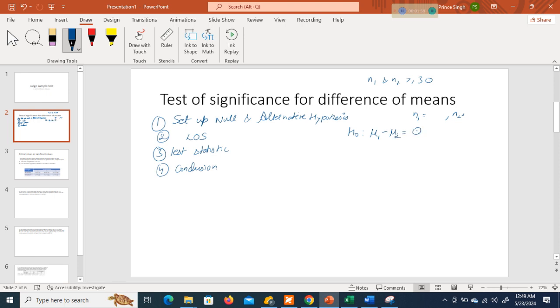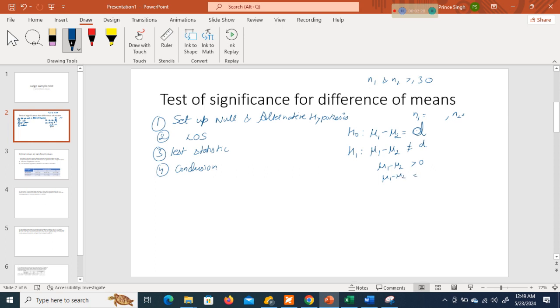So our null hypothesis would be mu1 minus mu2 is equal to 0, or if it is given as some value d, accordingly we decide our null hypothesis. And what is our alternative hypothesis? The alternative hypothesis is either not equal to d, or greater than, or less than.